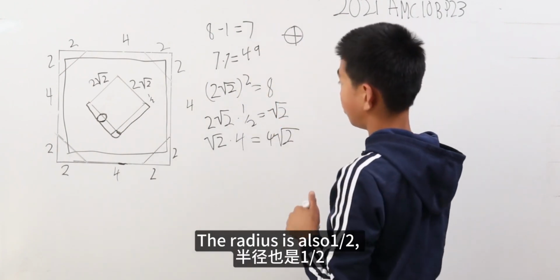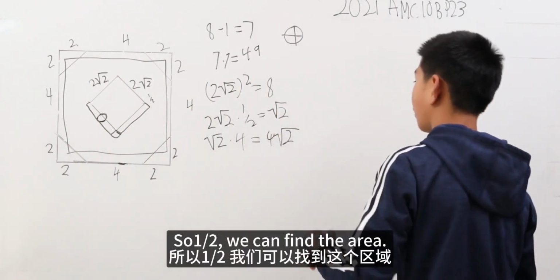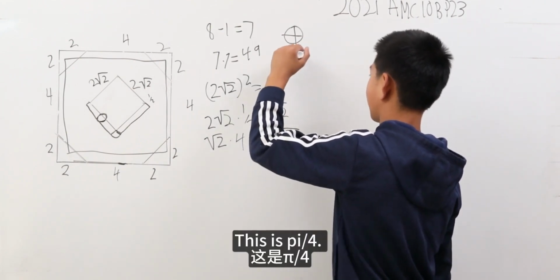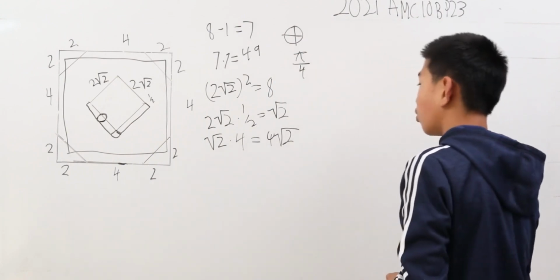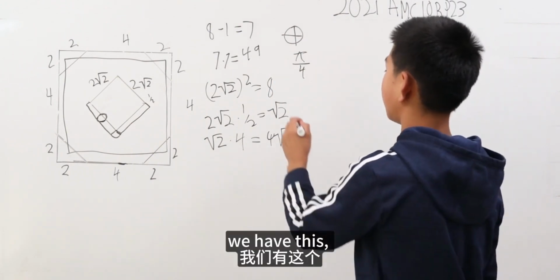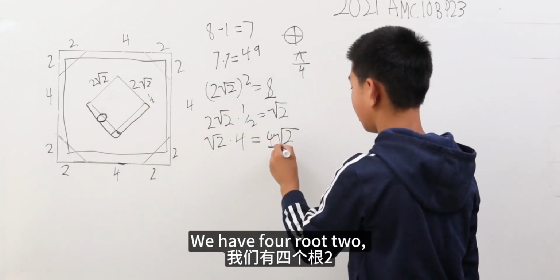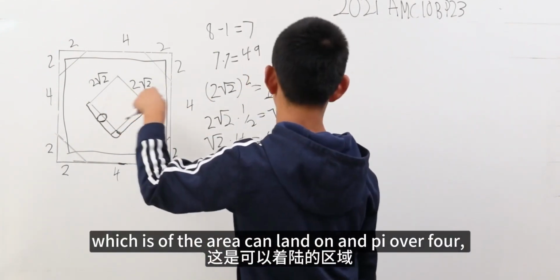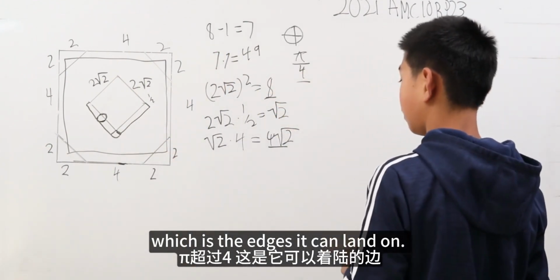The radius is 1/2, the same radius as the coin, so we can find the area. This is π over 4. So basically, we have 8, the area of the black square, 4√2, which is the area it can land on along the sides, and π over 4, which is the rounded corners it can land on.